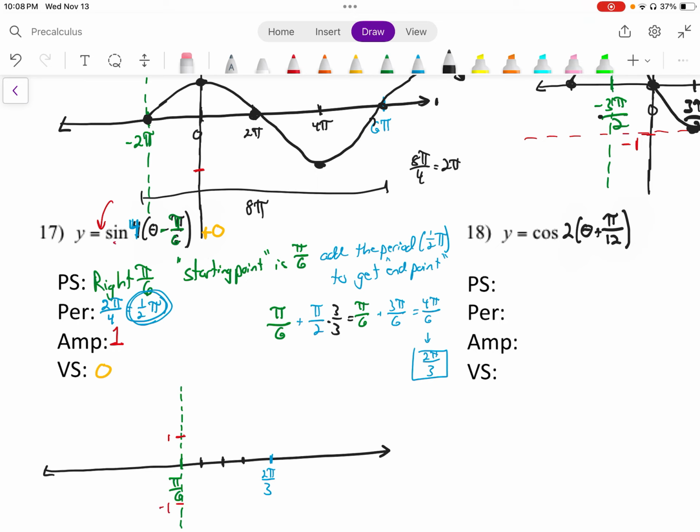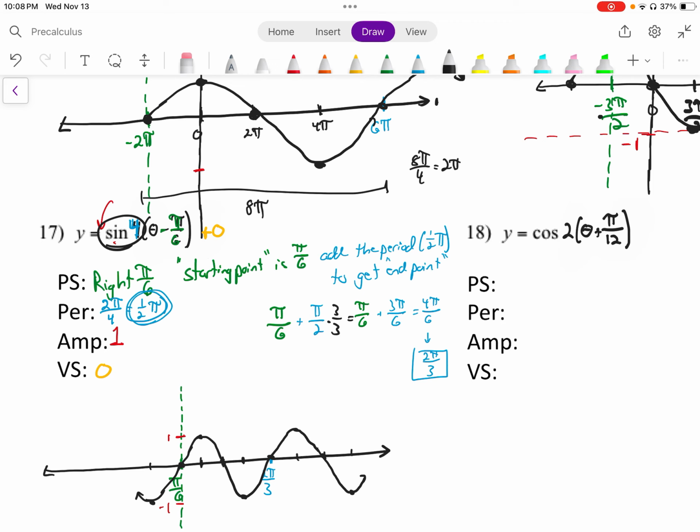This is a sine graph, so sine starts at 0, goes up to 1, down to 0, down to -1, back up to 0, and that pattern continues forever and ever. All right, so there's the graph. So we can still draw the graph.